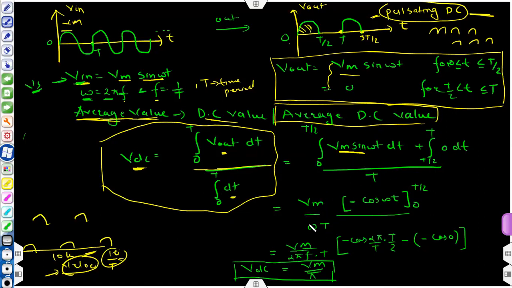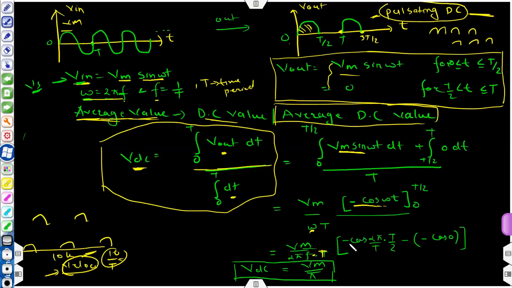The integration of sin omega t is minus cos omega t, with limits 0 to T by 2, and omega is 2 pi f.